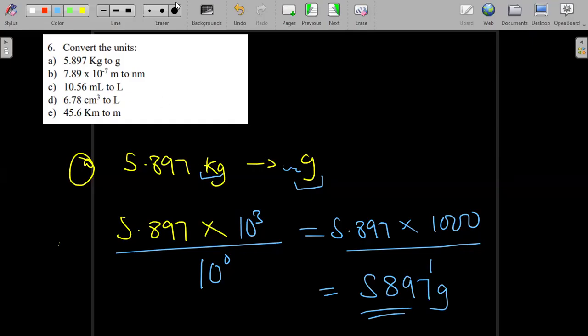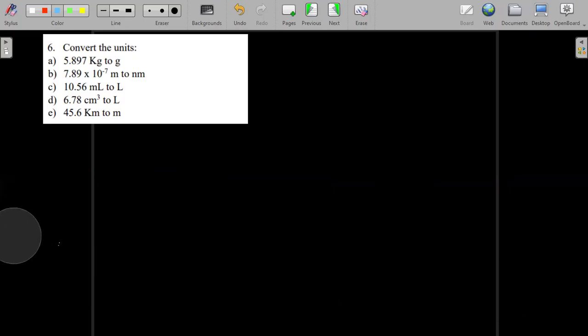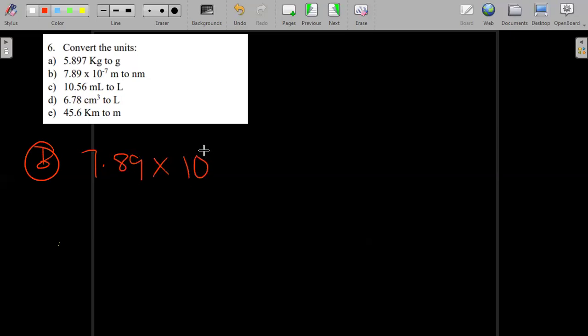Okay, so now let's look at question B there. So we're using the same approach of the metric system. So B, we have 7.89 times 10 to the power minus 7 meters, and then we are converting this to what? Nanometers. So we just have to know the prefix for nano.